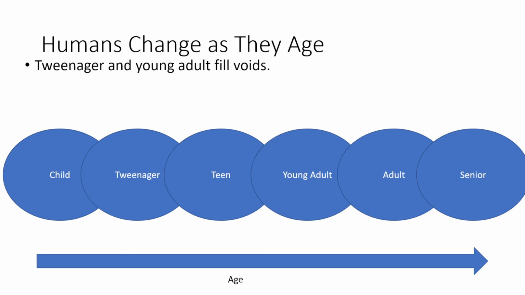Meaning there are relatively large spans of time where people were between a child and a teen, but they weren't quite teens at the time. Maybe they were starting to get kind of angsty, not as innocent as a child, so we came up with teenager. Thus, a void was filled, and the term was coined.